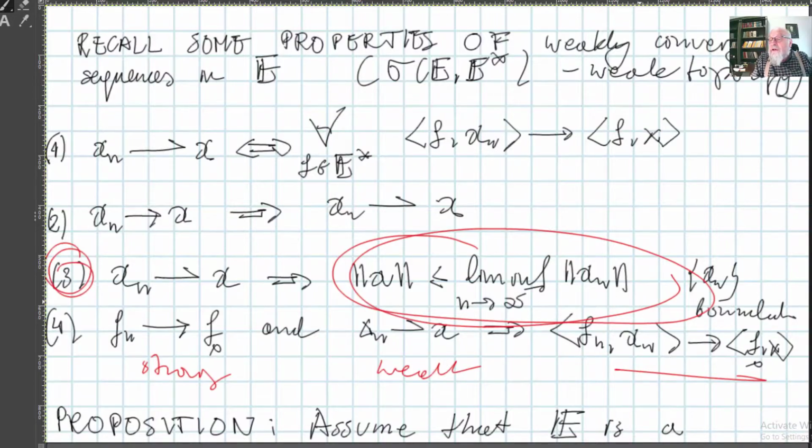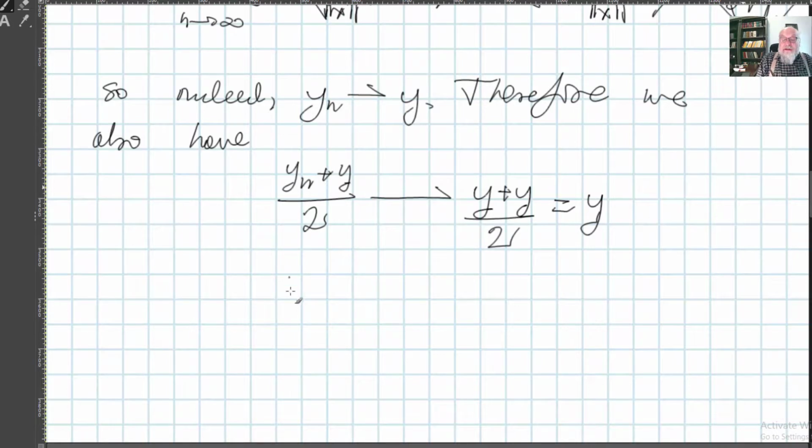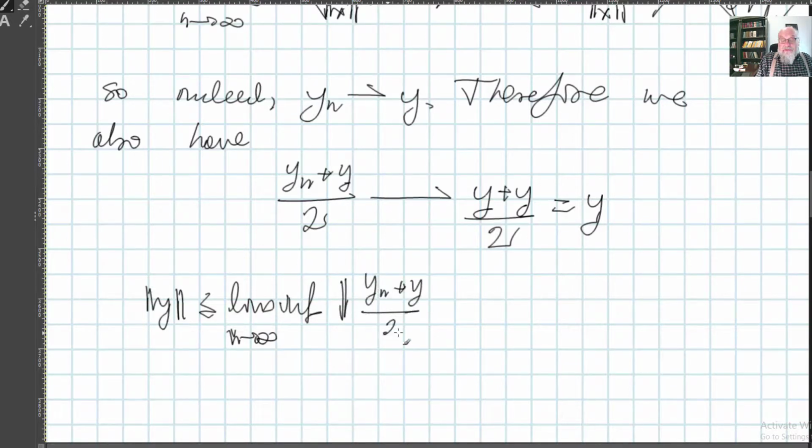In such a case, the norm of y must be smaller or equal to the limit infimum as n goes to infinity of the norm of yn plus y over 2.